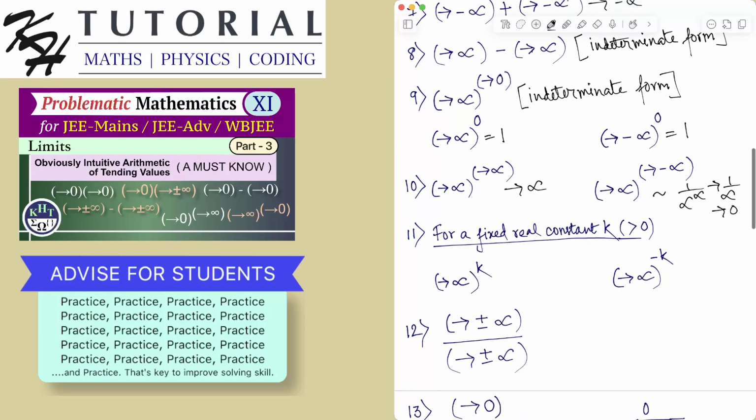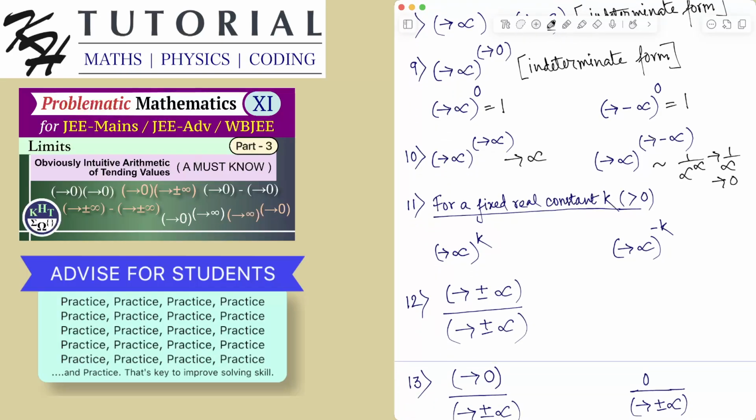Okay. Now let's say k is a fixed real constant greater than 0. Then what will be infinity to the power k? It will be equal to infinity, or will tend to infinity. What will be infinity to the power minus k?